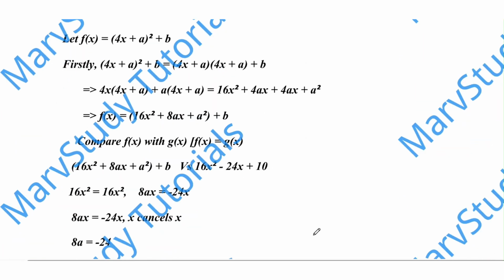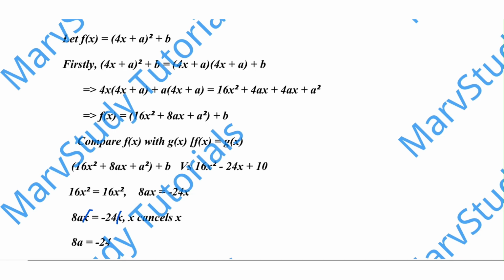You see the comparison on the screen, 16x squared to 16x squared, 8ax to negative 24x. So if you have 8ax equal to negative 24x, we could take off this x and strike this x off, and we just have 8a equals negative 24.